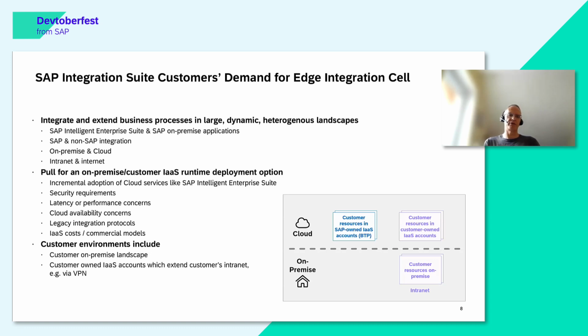And so you have your private network. It's like an extension to your local data center, if you will. And so you can also use this, having a controlled customer-owned environment for your integrations. And this is also what we mean here as a candidate or as an environment for edge integration cell.